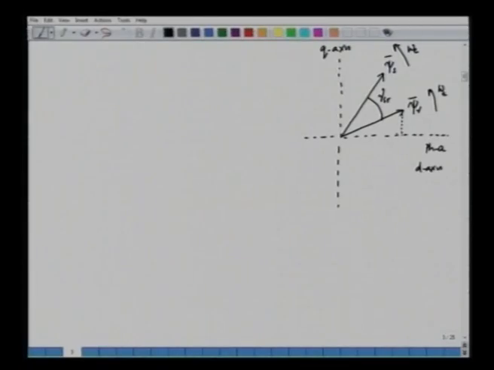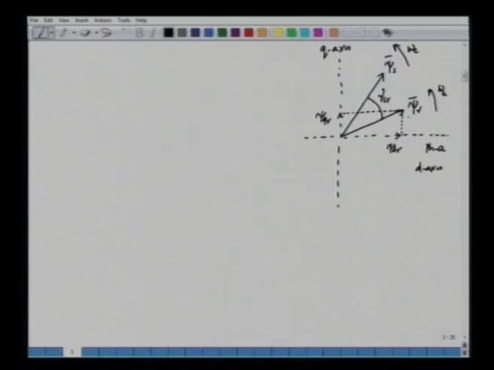So, for example, if I talk about the rotor flux, I can take the projection of the rotor flux along D axis and Q axis respectively. If I project it along this axis, this is psi dr, and if I project this along the Q axis, this will be psi qr.